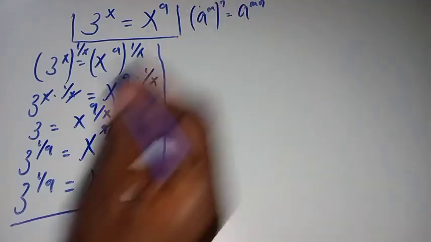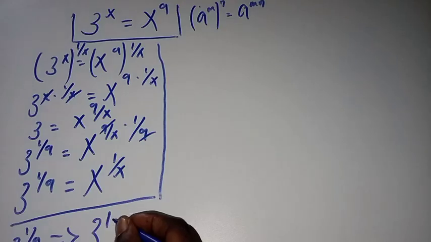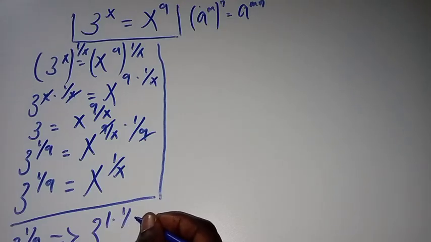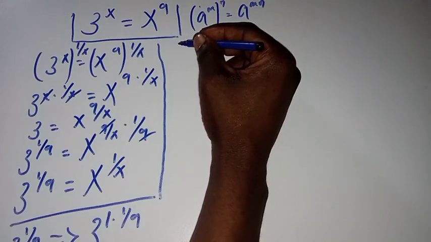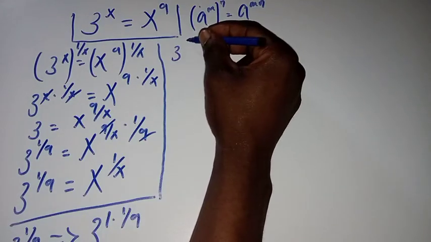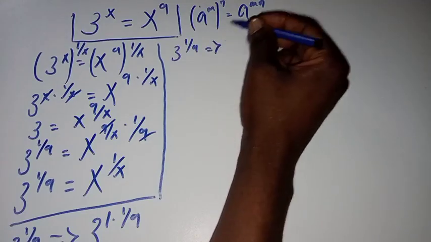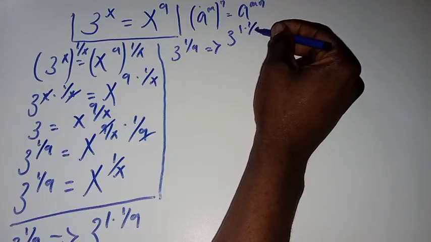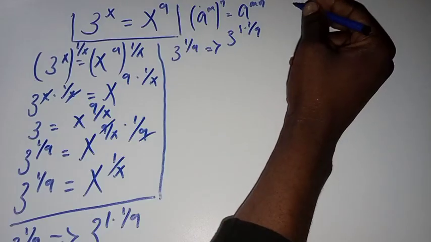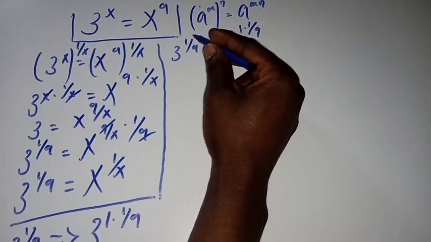This 3 raised to power 1 over 9 can also be written as 3 to power 1 times 1 over 9, because if you multiply both powers together, you still return to 1 over 9.